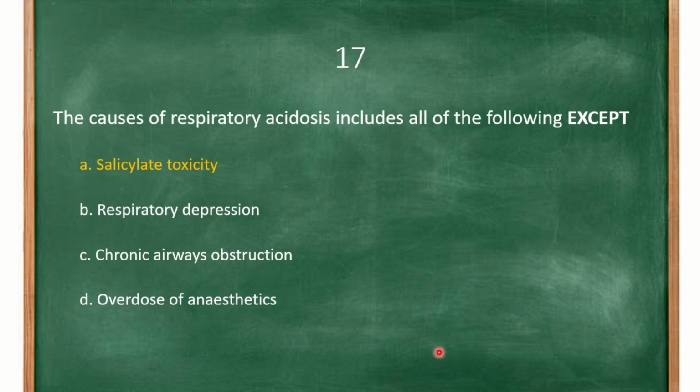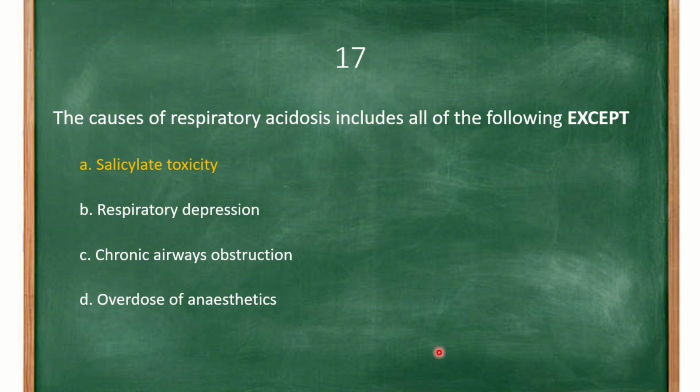If you take respiratory depression, when the respiratory system is depressed, it means that you will not be able to ventilate well, and so there will be retention of CO2 in your body, which can lead to respiratory acidosis. Same for chronic airway obstruction, where your exchange of CO2 is being impaired, and so it will be retained and lead to respiratory acidosis.